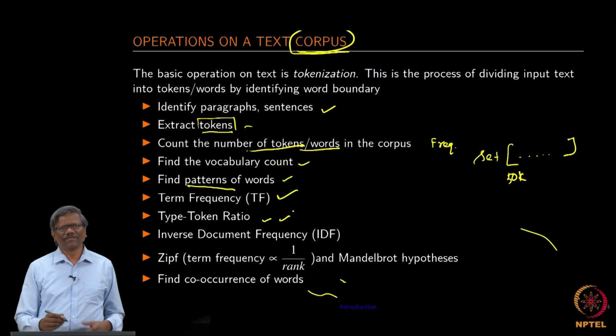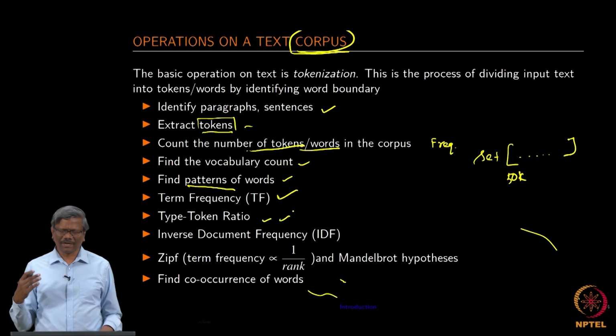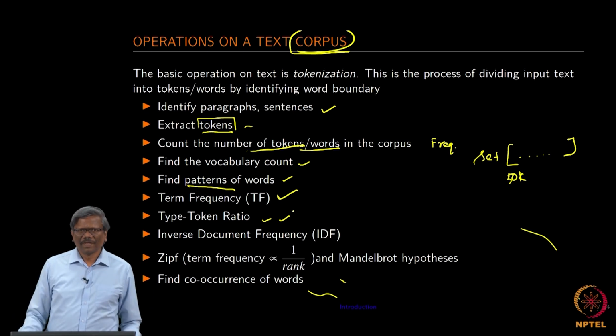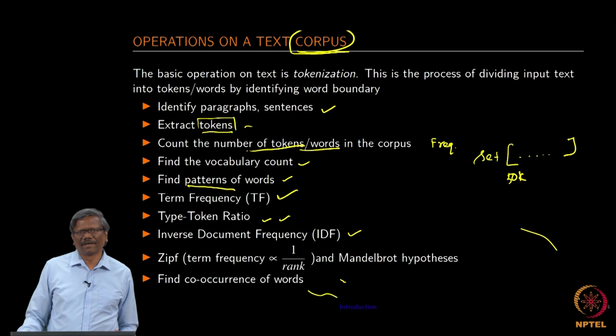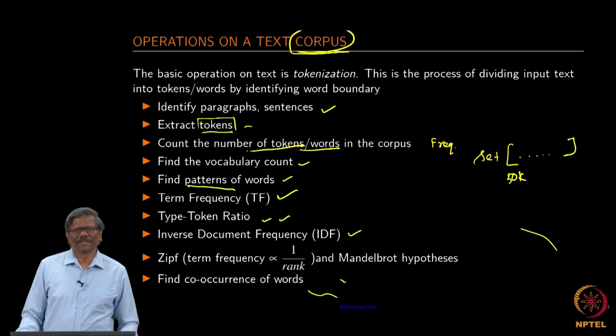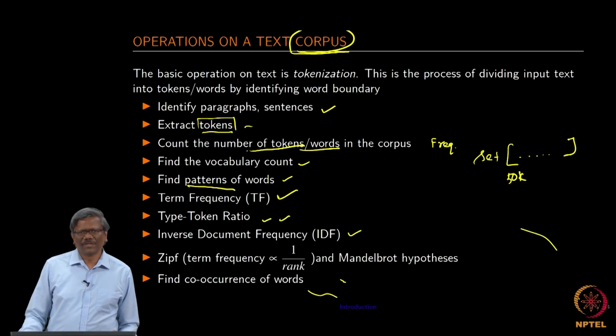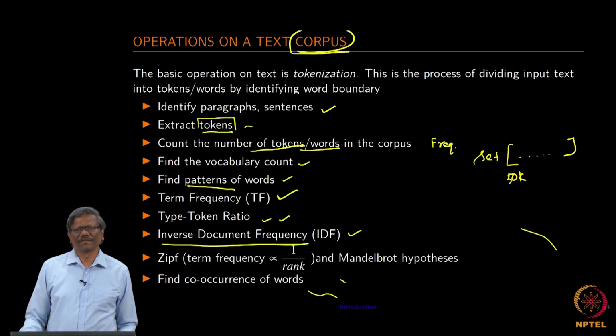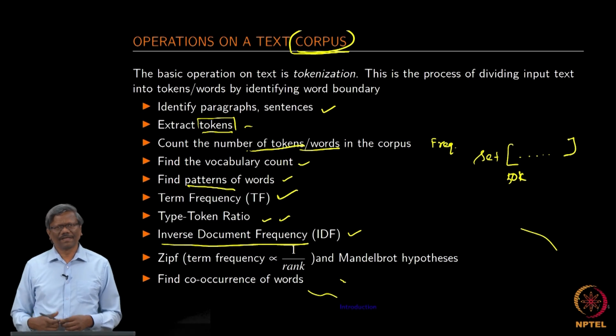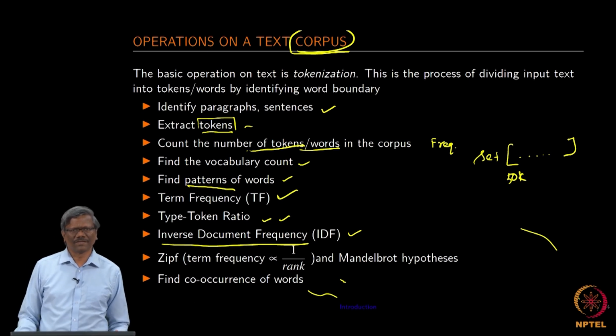So, there are certain empirical formulas that we start looking at by just doing the statistical counting of all the words, and then we look at how many times this particular word had occurred in the entire corpus. So, we use some ratio to figure out this inverse document frequency. We will talk about that later in the next session and so on.